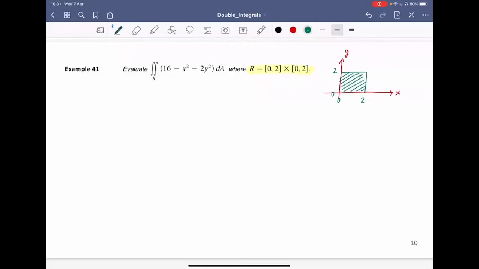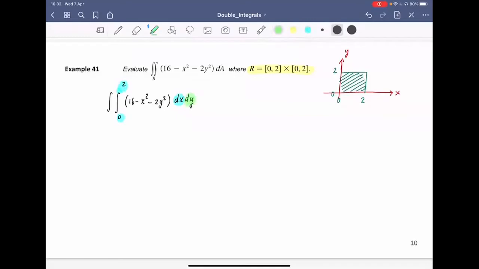Sounds good? And then when you want to integrate in two dimensions, 16 minus x squared minus 2y squared. You have to pick what you want, dx dy or dy dx. Suppose that I pick dx dy. You have to make sure that your boundaries match with your notation. So here we start with dx first, so you put 0 and 2 because x is integrated from 0 to 2.